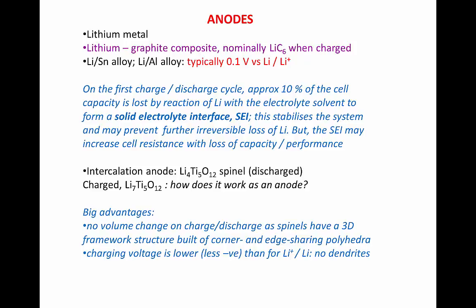They don't grow as dendrites on the surface. And so that is a good safety aspect of this material. So that's one example of a complex oxide that can be used as an anode.